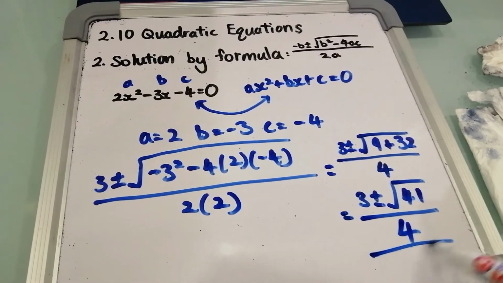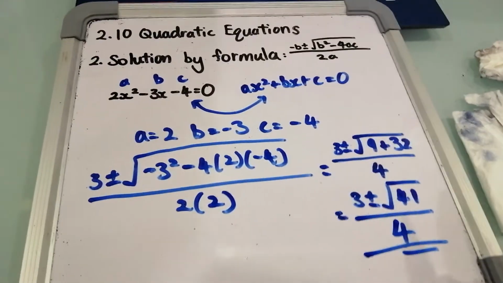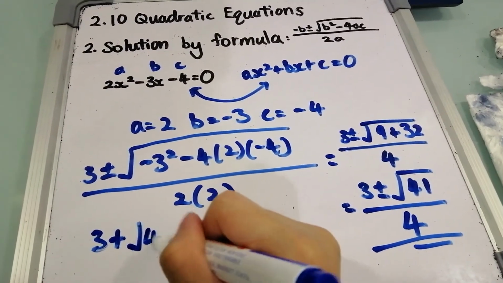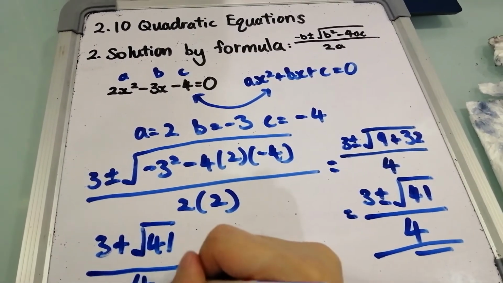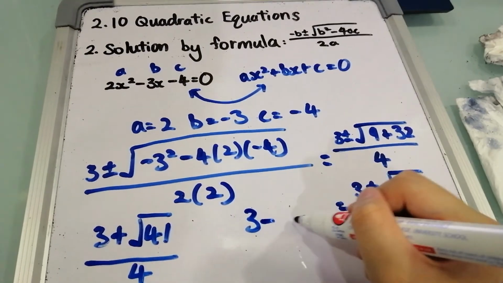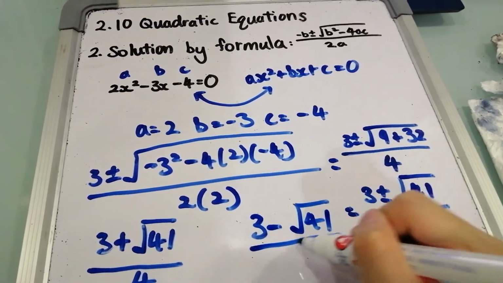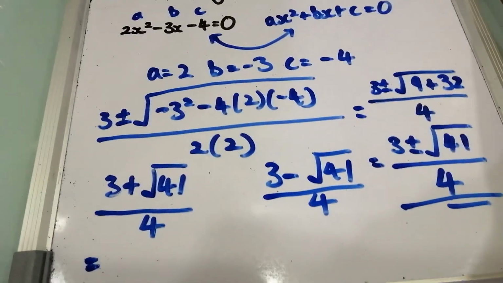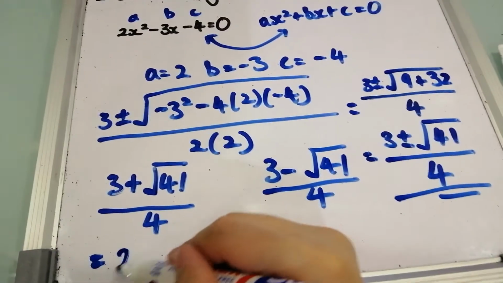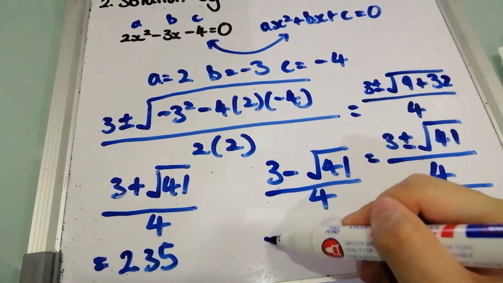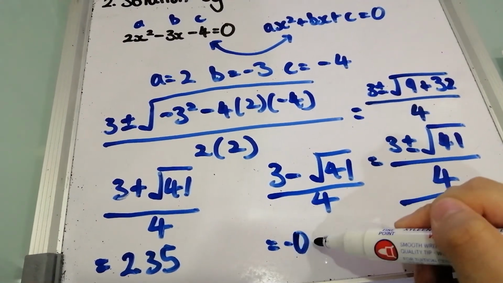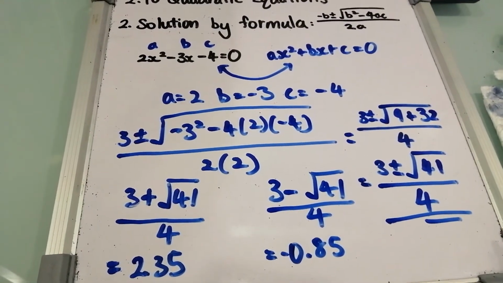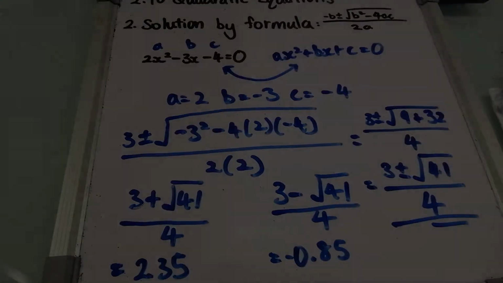So with this, we have 2 solutions, which is 3 plus square root of 41 divided by 4, or 3 minus square root of 41 divided by 4. So this will be 2.35 and -0.85. So this is our solution by quadratic formula.